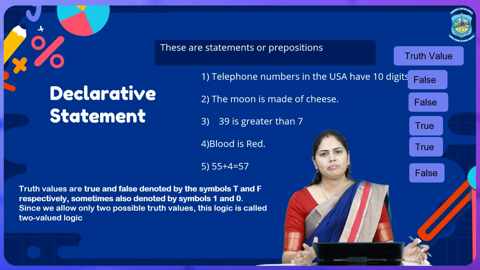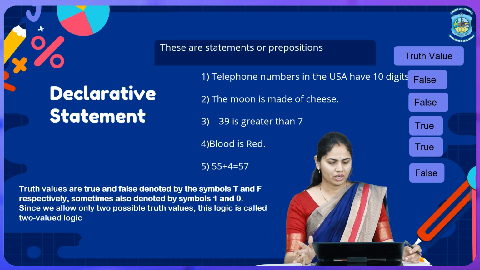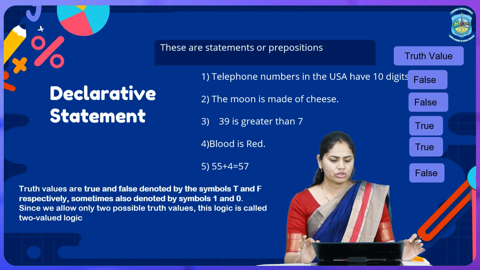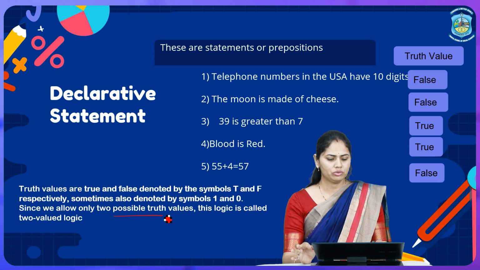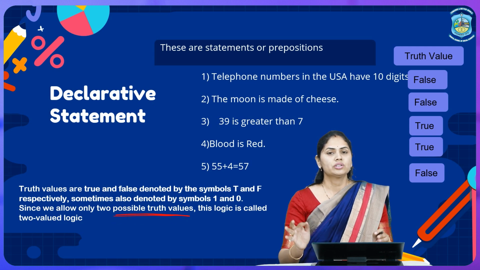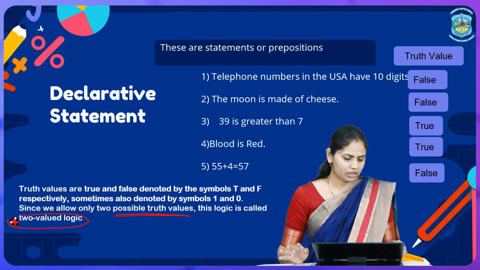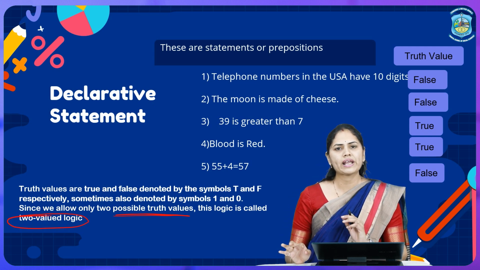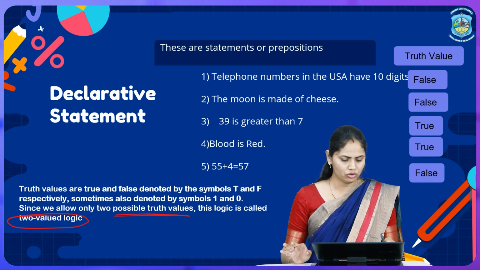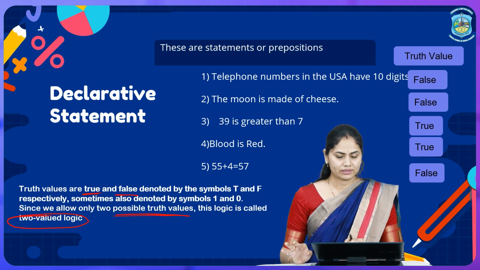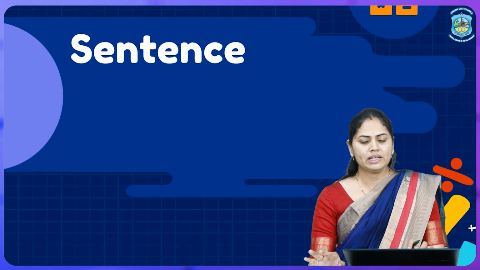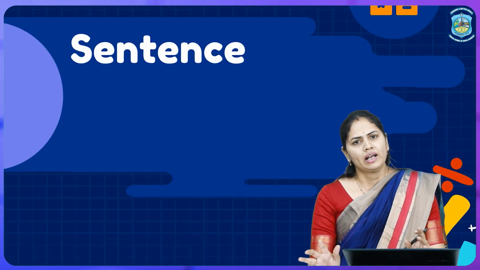In Boolean algebra, we use 1 and 0 in place of true and false. So, we only allow two possible truth values, that is true or false. So, this logic is also called two valued logic because we are only taking two values, either true or false. Let us come to the sentence.